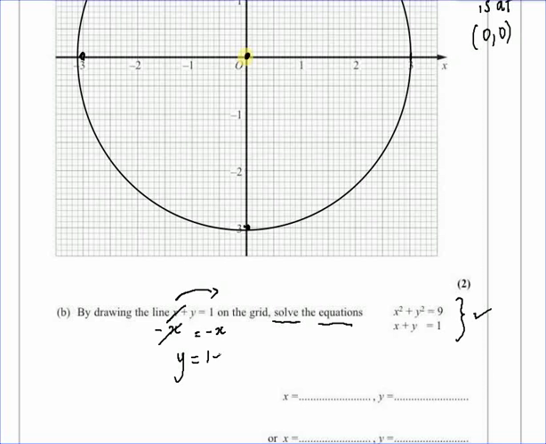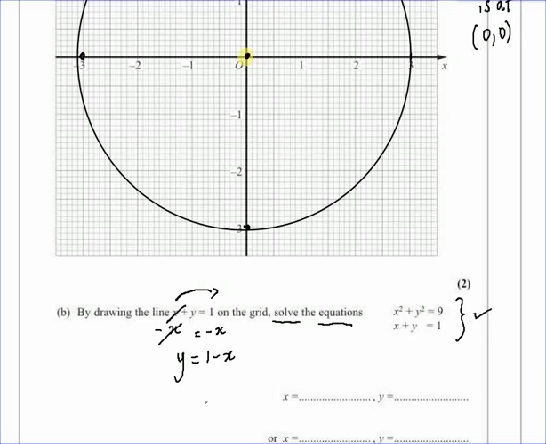And now that it's written in the form y is equal to mx plus c, you can use that to draw the line. So how do you draw the line of y is equal to 1 minus x?